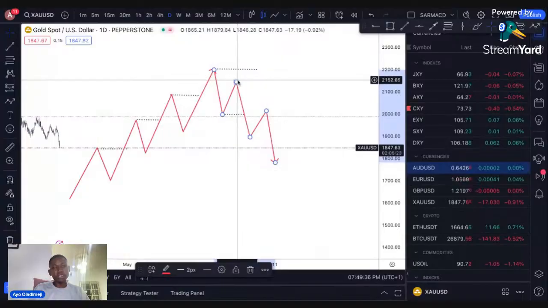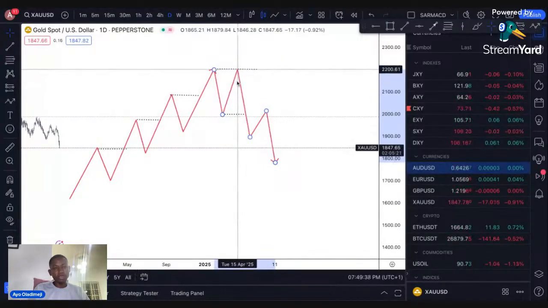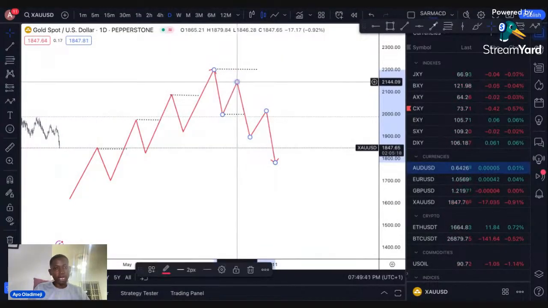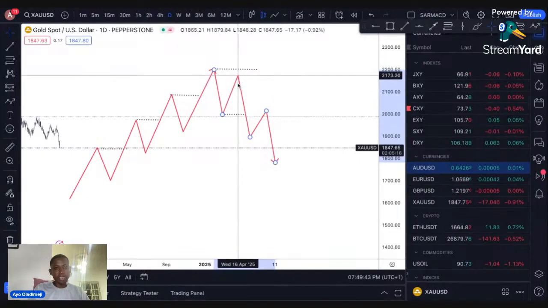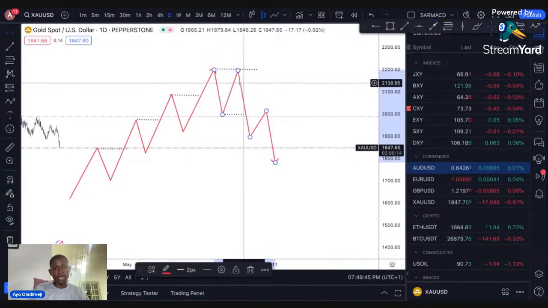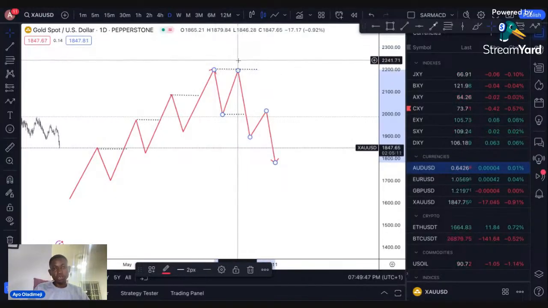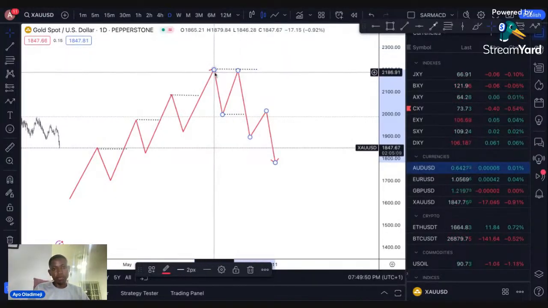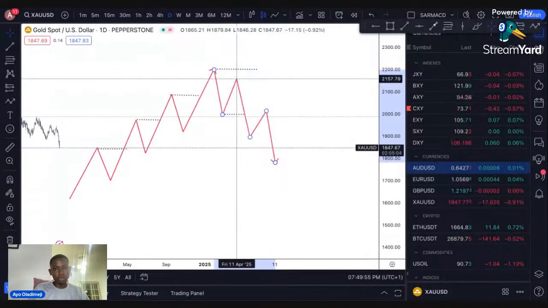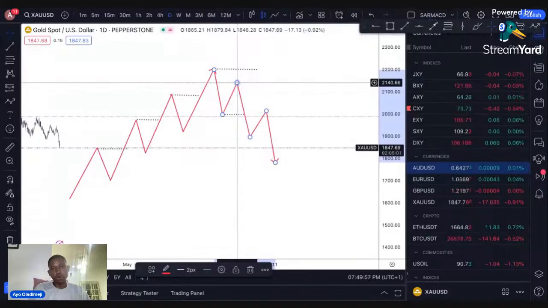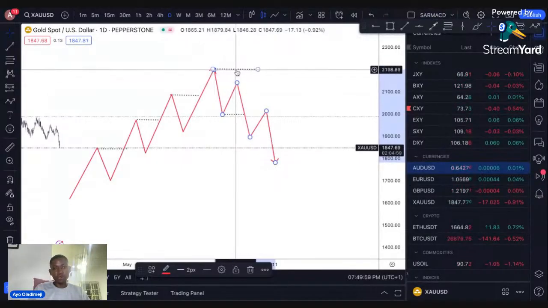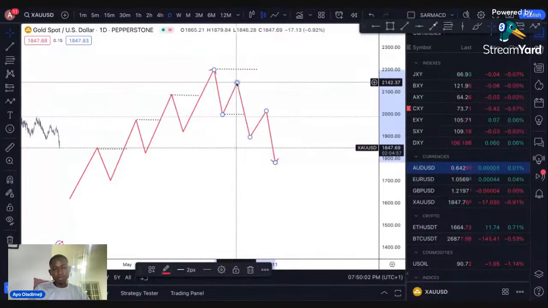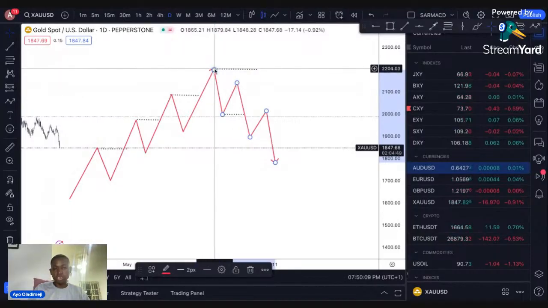Then you most likely see a double top, or an equal high, where this high does not break above this, it just gives us the same high, or it closes just below the previous high. So now this is a lower low, lower high. This high is lower than this high, okay?